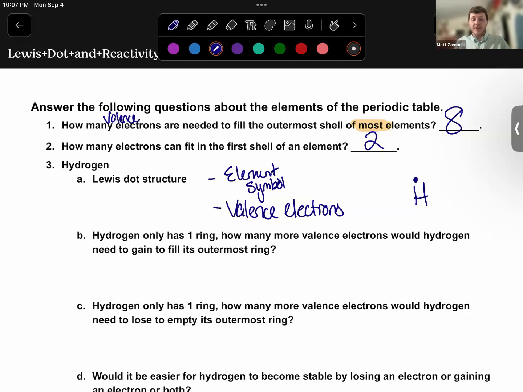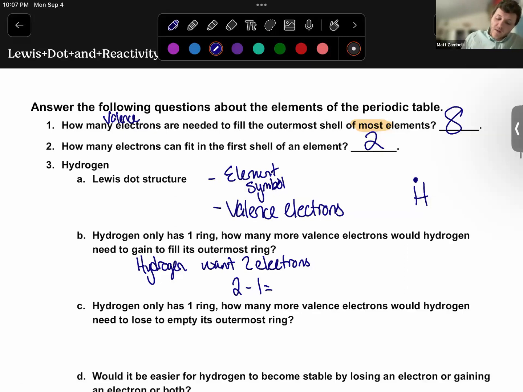Now, hydrogen only has 1 ring. How many more valence electrons would hydrogen need to gain to fill its outermost ring? Hydrogen wants 2 valence electrons, and if it already has 1, we take 2 minus 1, which is just 1.